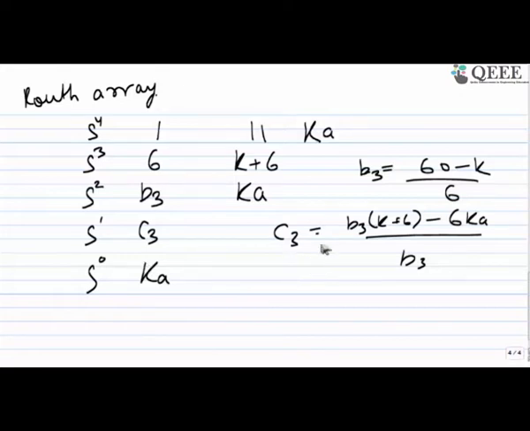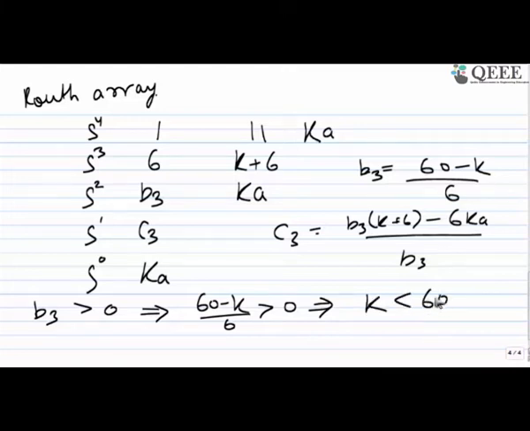Okay, so first B3 should be positive. This would give me 60 minus k by 6 should be greater than 0, equivalent to k should be less than 60. Now let's compute the C3.